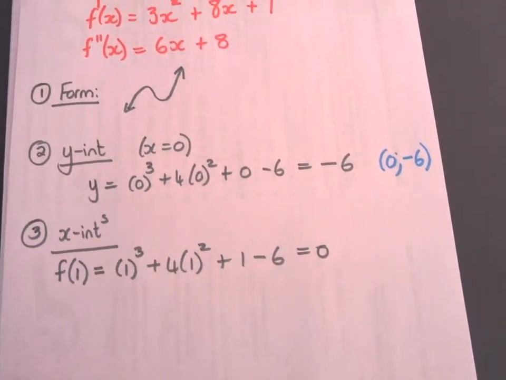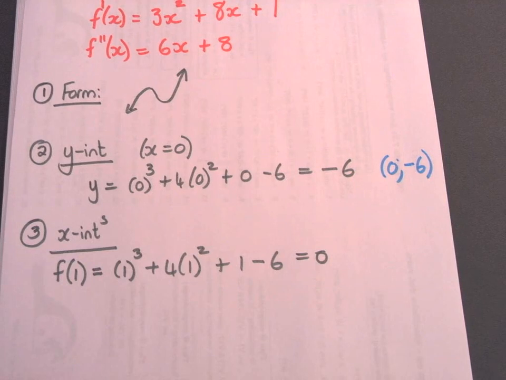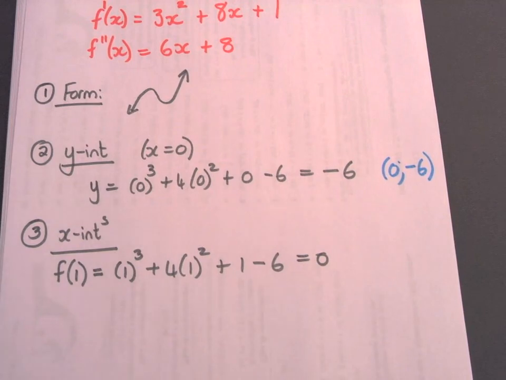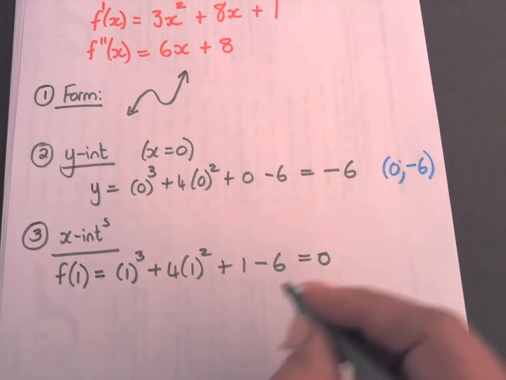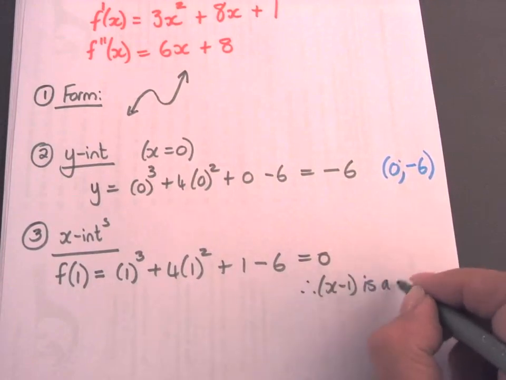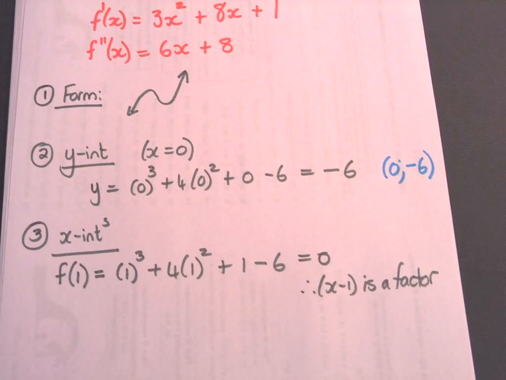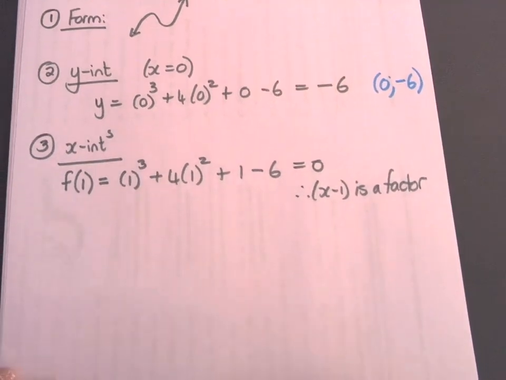And this is 0. You still have to go through the motions. Okay, therefore, x minus 1 is a factor. Now we need to do synthetic division to get the other factors.